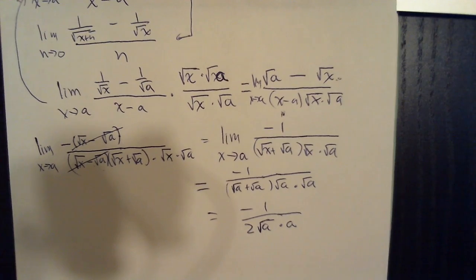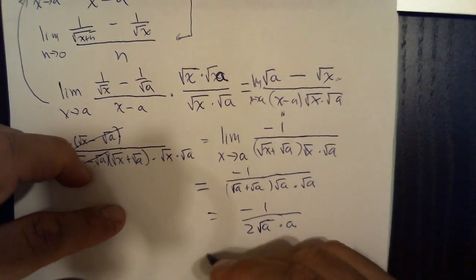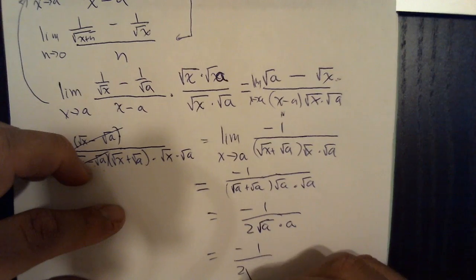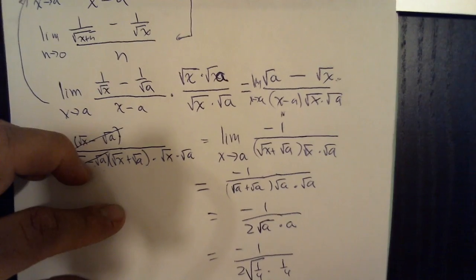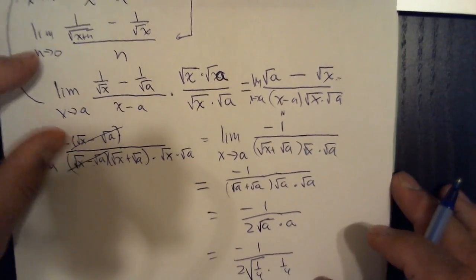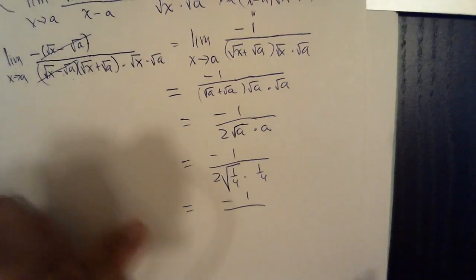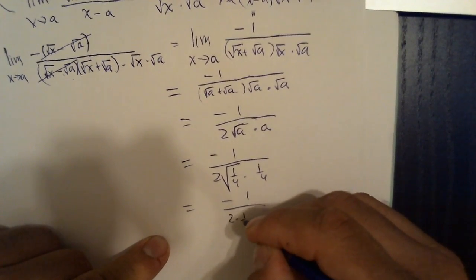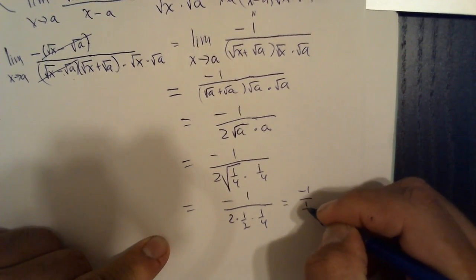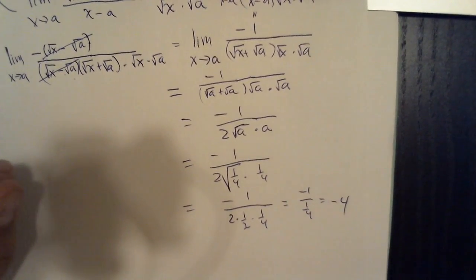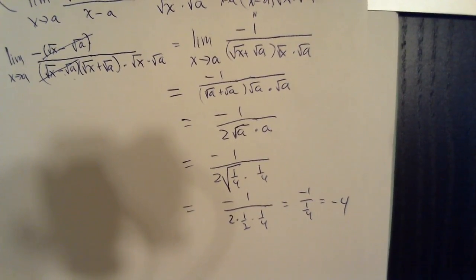Now this gives me the expression for the derivative. The next thing is to plug in 1/4, which gives -4. That gives me the slope of the tangent line.